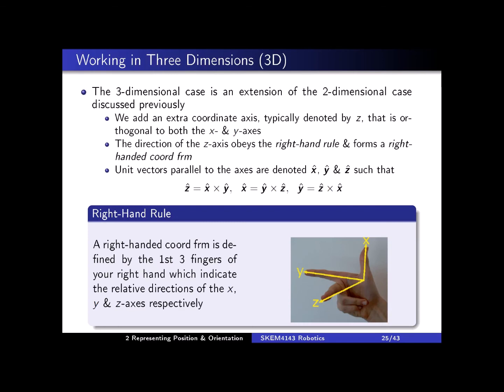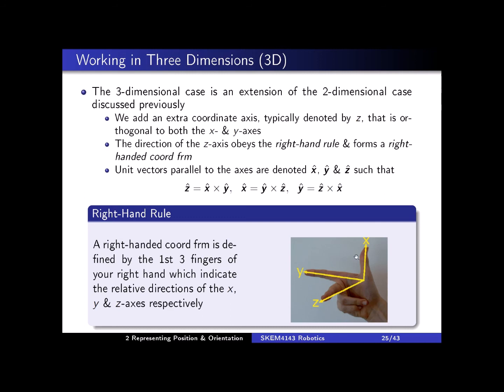Working in 3 dimensions. The three-dimensional case is an extension of the two-dimensional case discussed previously. We add an extra coordinate axis, typically denoted by Z, that is orthogonal, or 90 degrees, to both the x and y axis. The direction of the z-axis obeys the right-hand rule and forms a right-handed coordinate frame.